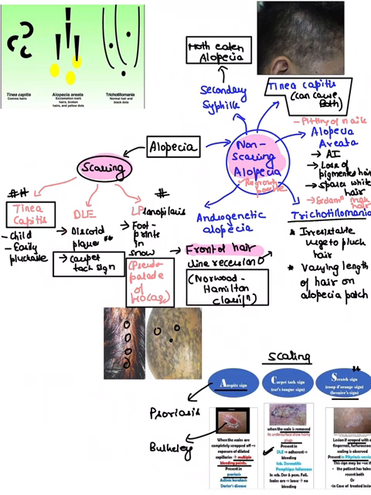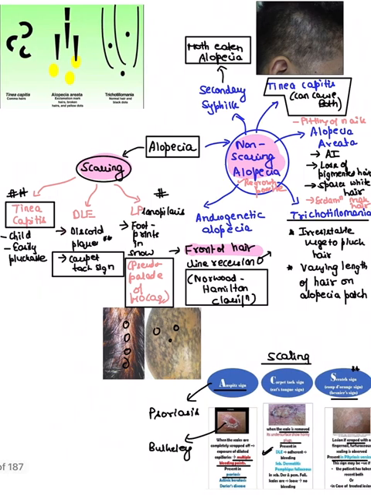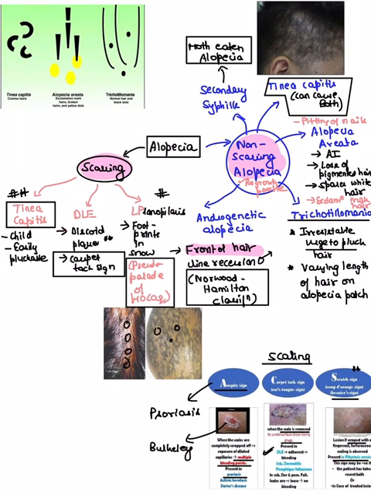Okay, now coming on to trichotillomania. So this is basically an impulse disorder, and in this the patient has an urgent urge to pluck the hair, and if you see the alopecia patch, there would be varying lengths of hair present on the patch, okay. Now coming on to alopecia areata. So alopecia areata is again an autoimmune condition. Remember the one other autoimmune condition that we read today. What was it, guys?